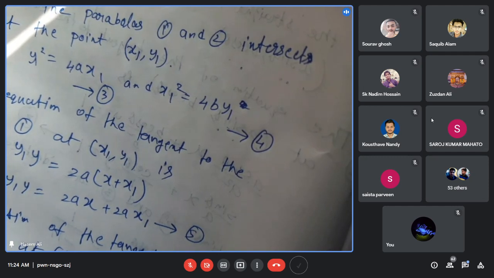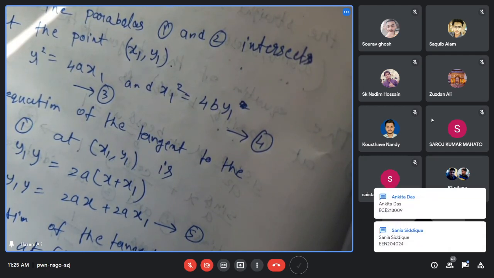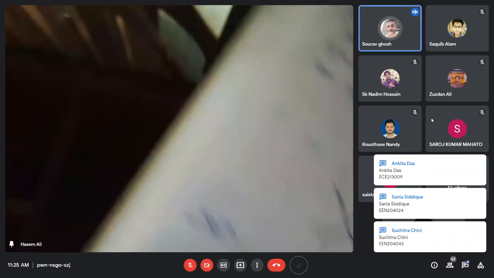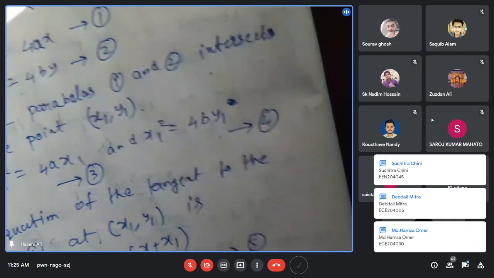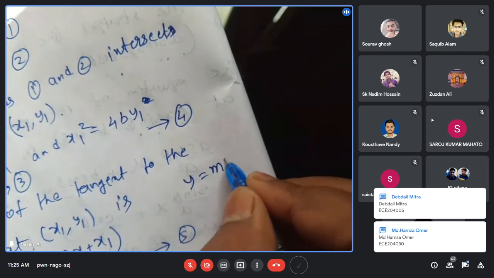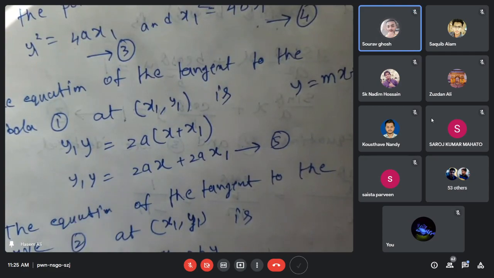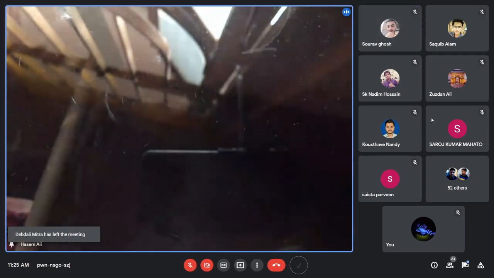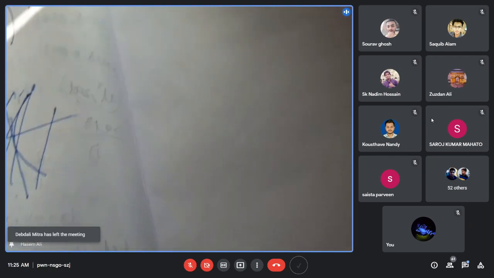So what is the gradient? In general form y equals to mx plus c, just divide by y1. So the gradient of the first straight line is 2a by y1.